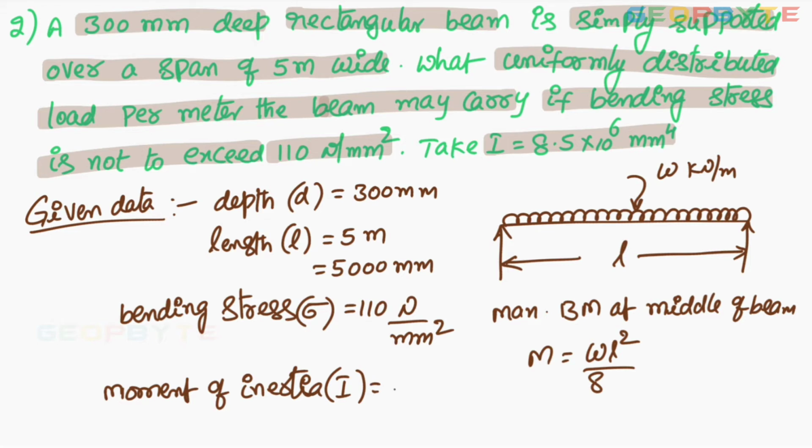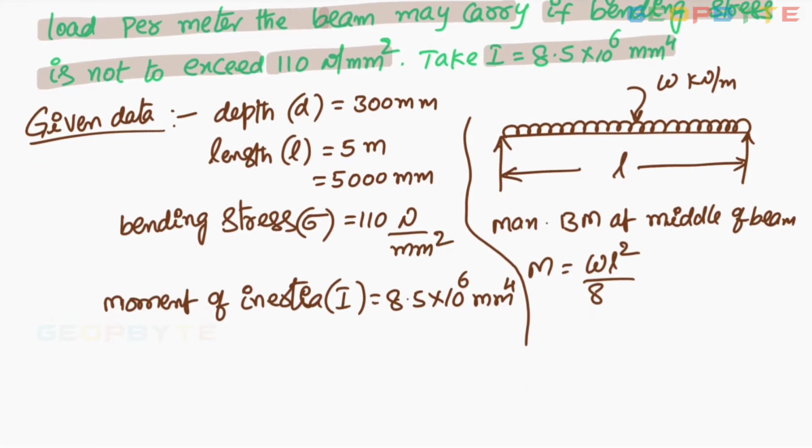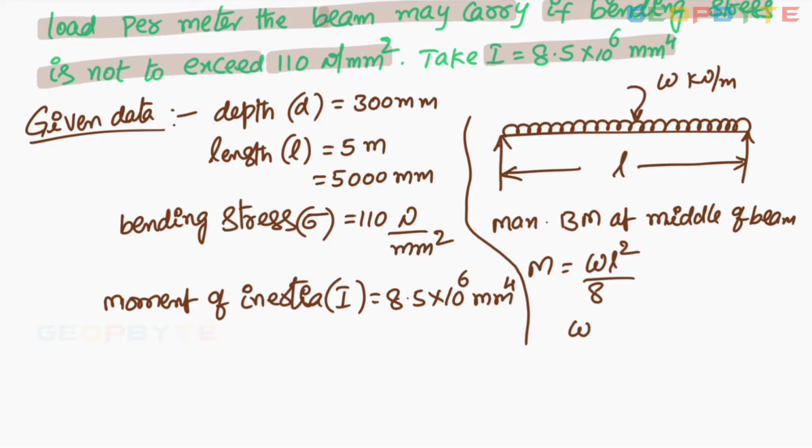Moment of inertia I equal to 8.5 into 10 raised to 6 mm power 4. Should be very careful. Now you are asked to find the UDL. From this you need to find the W.